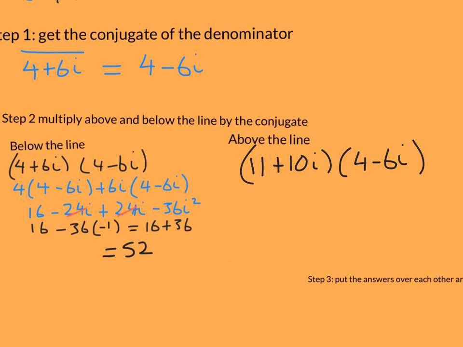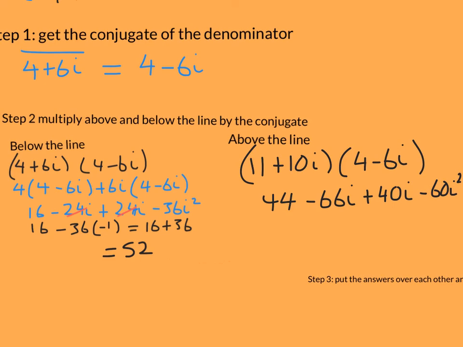I'm just going to jump in and multiply them. 11 by 4 gives me 44. 11 by minus 6i gives me minus 66i. 10i by 4 gives me plus 40i. And then I have 10i multiplied by minus 6i gives me minus 60i squared.